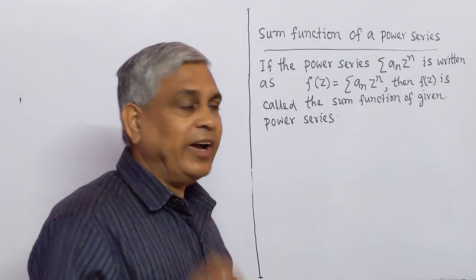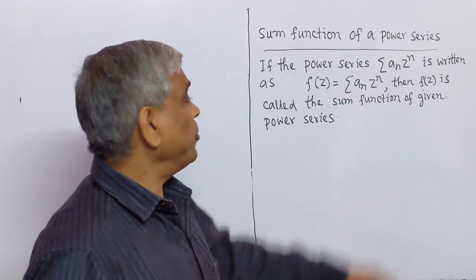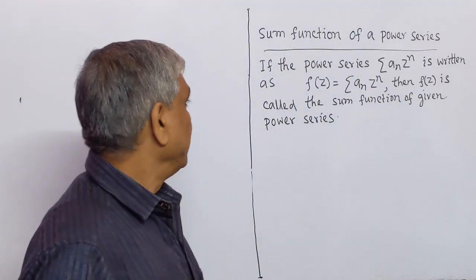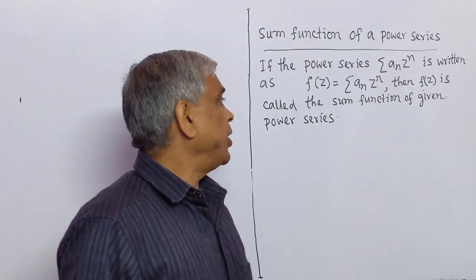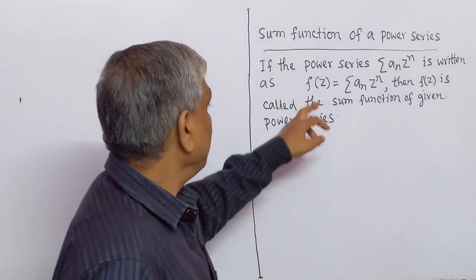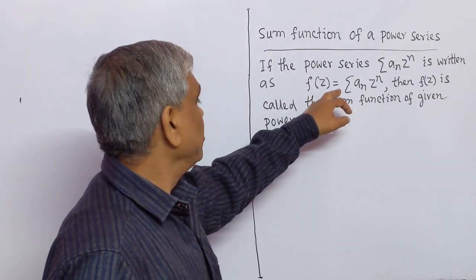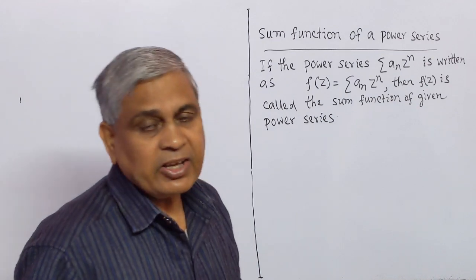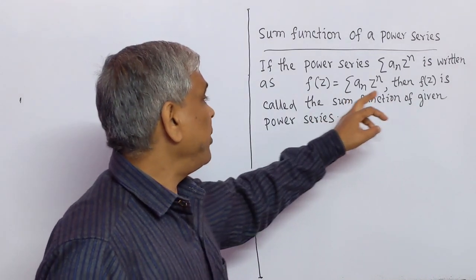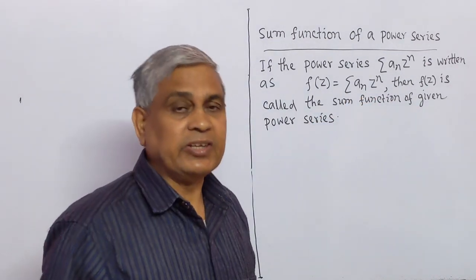Now we define the sum function of a power series. If the power series sigma a_n z^n is written as f(z) = sigma a_n z^n, then f(z) is called the sum function of the given power series.